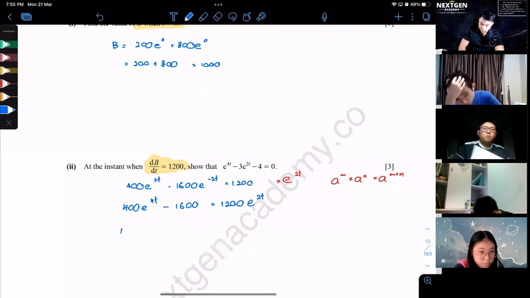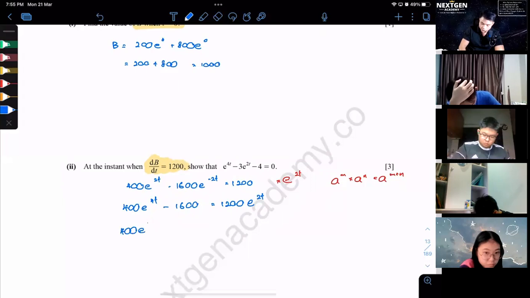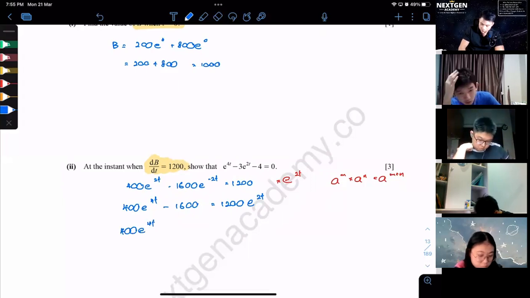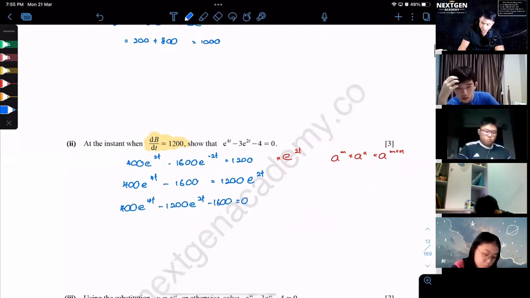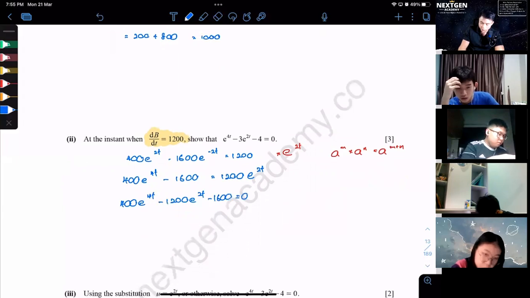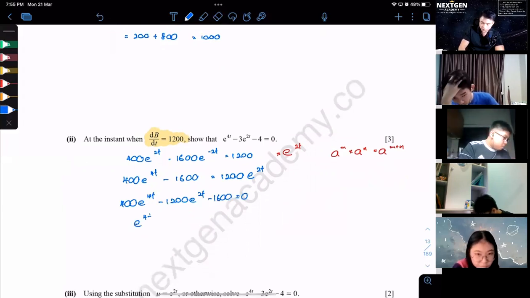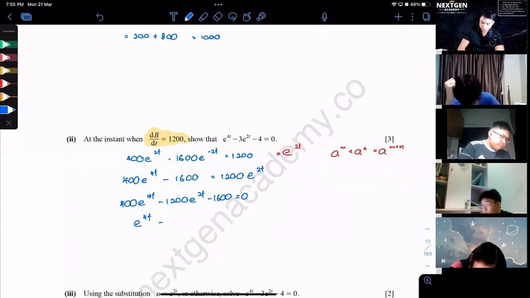So 400 e4t minus 1200 e to the power of 2t minus 1600 equals to 0. They want it in this form, so we divide the whole equation by 400. So e to the power of 4t minus 3e2t minus 4 equals to 0.